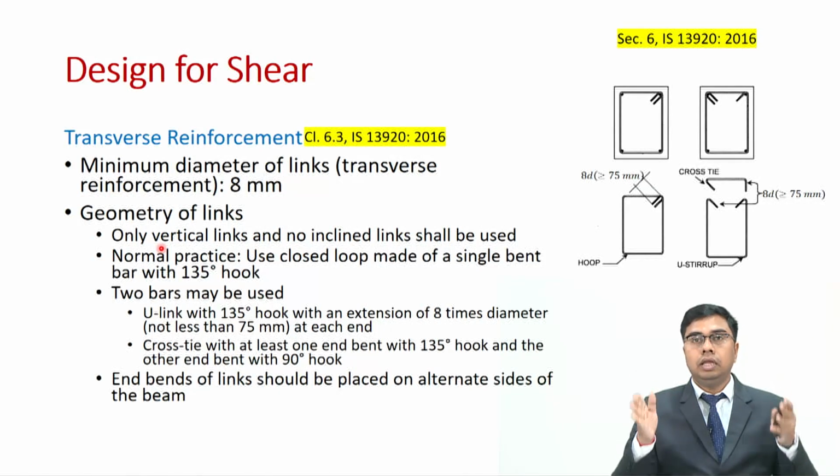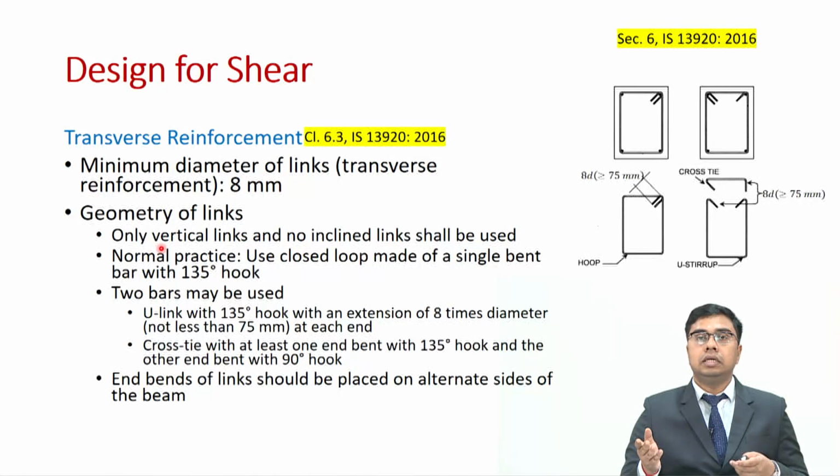Therefore, you should only use vertical stirrups, and even in practice these days you will hardly find anyone using inclined stirrups. Inclined stirrups are good only when you know the nature of loading to be either tension in one direction and compression in the other, but not load reversal.